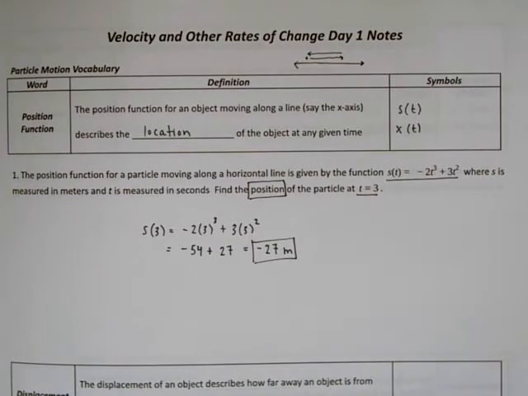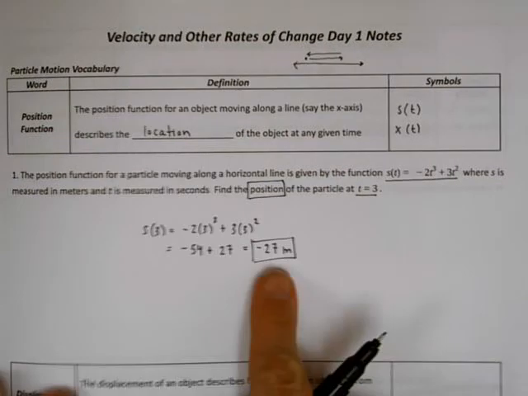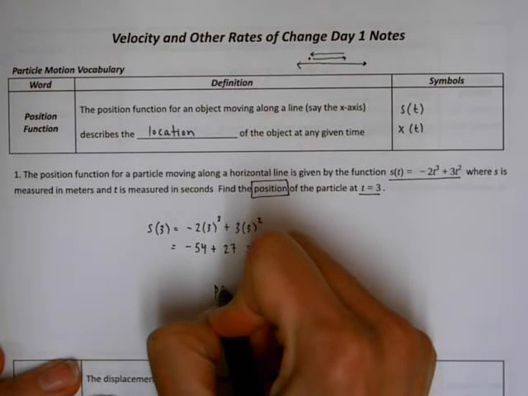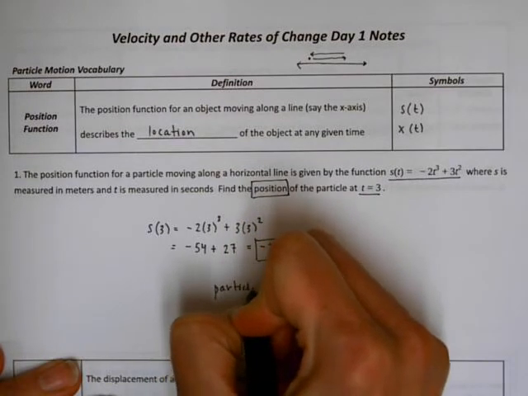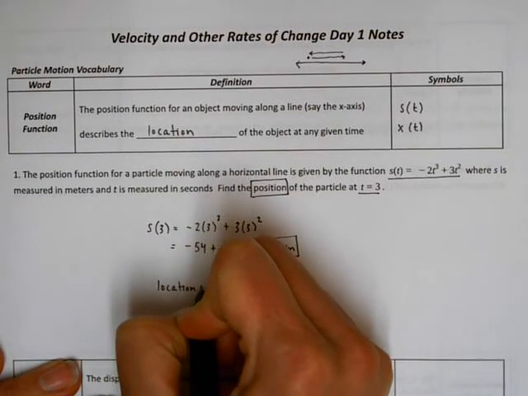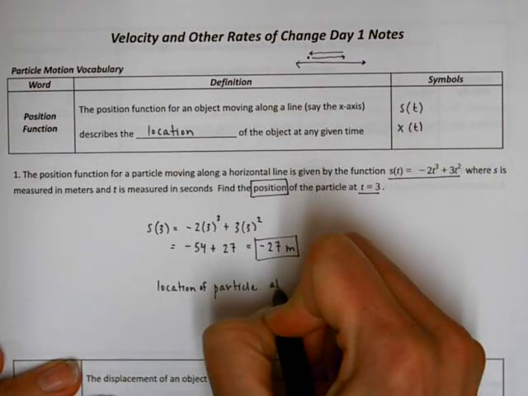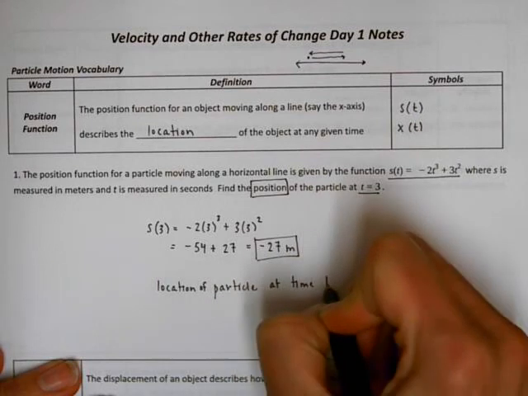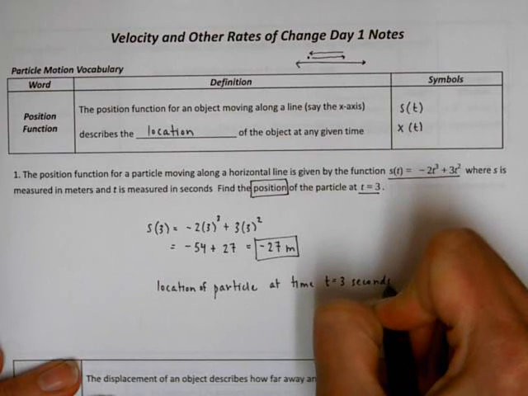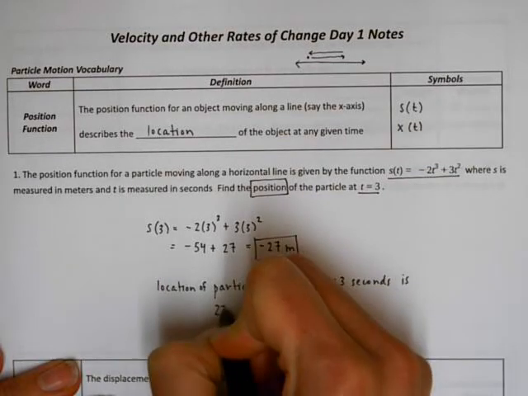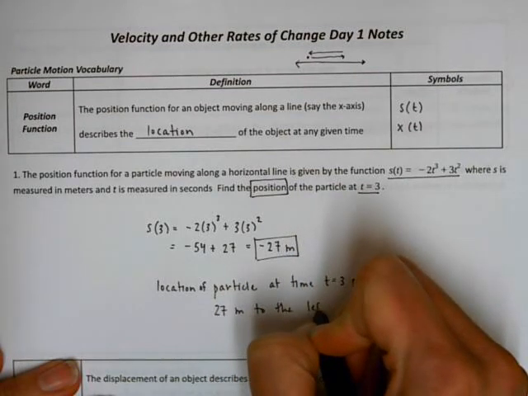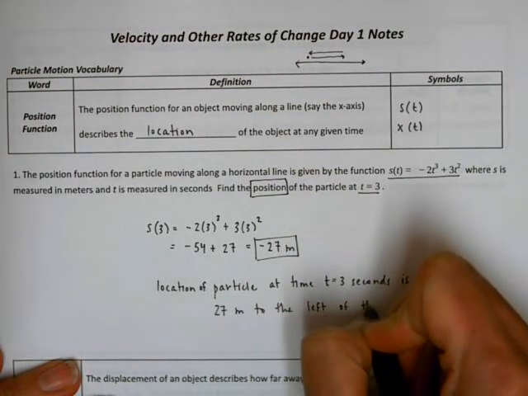Now, sometimes people get thrown off by the negative. What that means in this context is that the location of the particle at time t equals 3 seconds is 27 meters to the left of the origin.